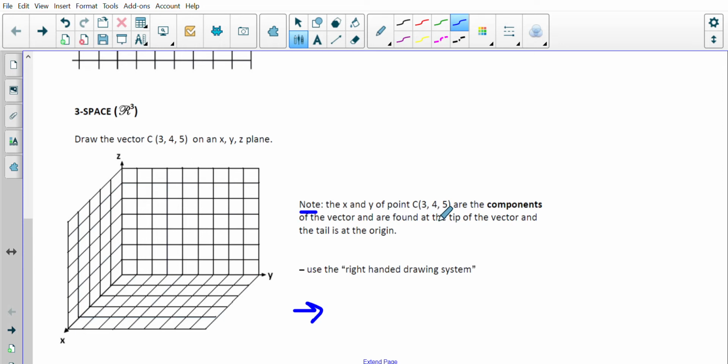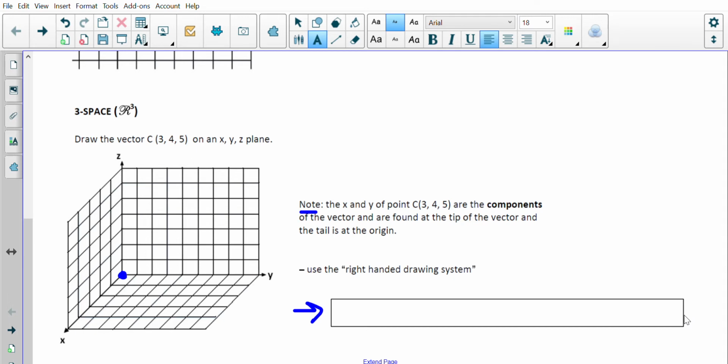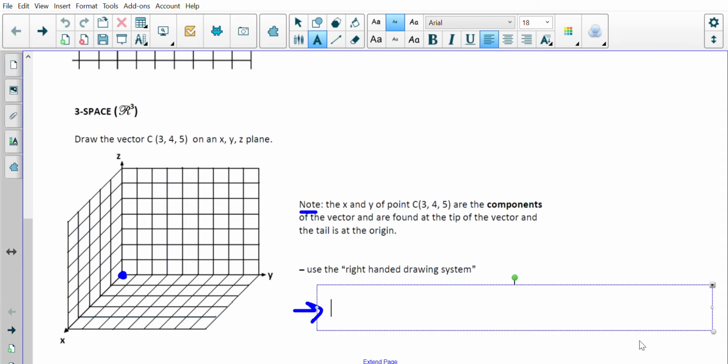And that's what's hard, because we've got to draw the tip of the vector from the origin, which is my blue dot. So to draw this three-dimensional vector on a two-dimensional surface, being artistically challenged, I'm going to use what's called a rectangular box to draw the vectors.